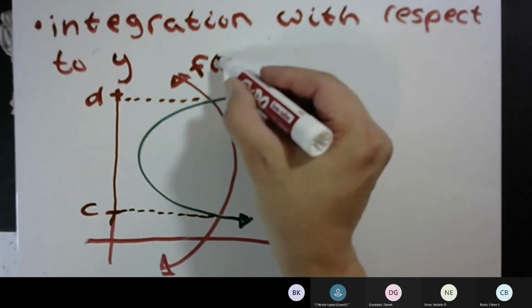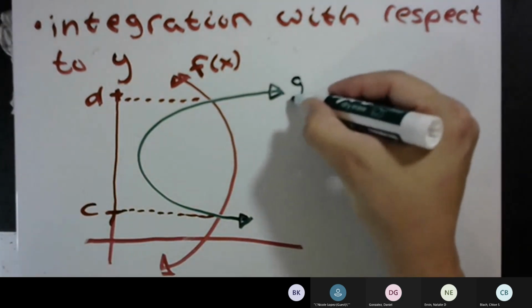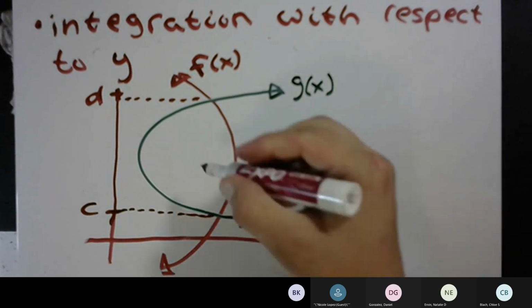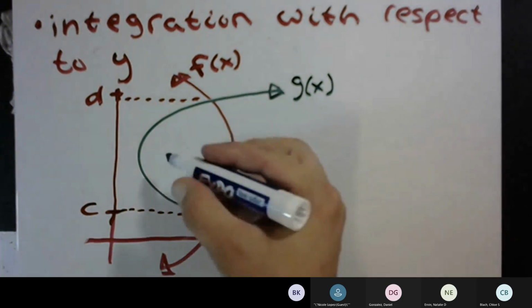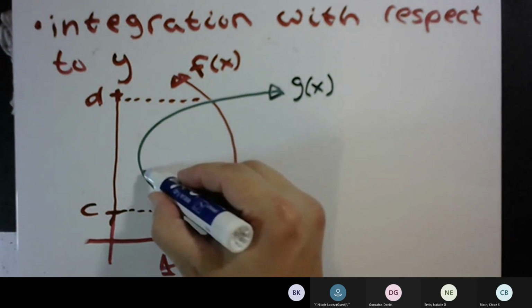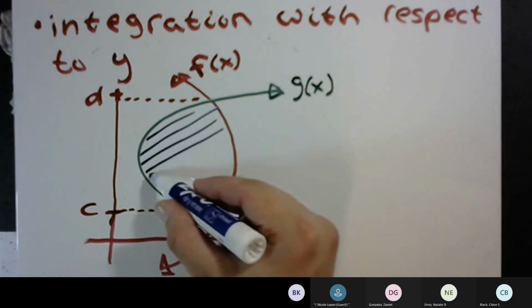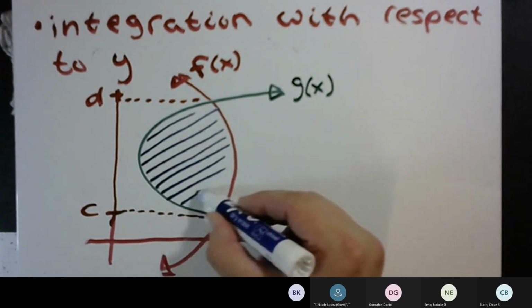And one of the reasons this comes up, and I'll bring this up in the example also. If you take a look at this area that we're going to try to integrate, you actually end up having to do some pretty complicated things here.